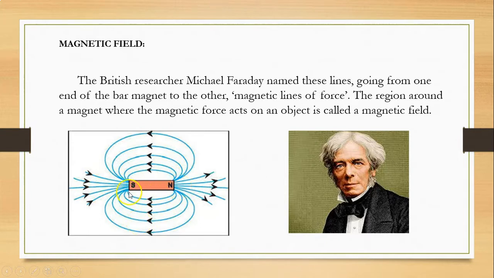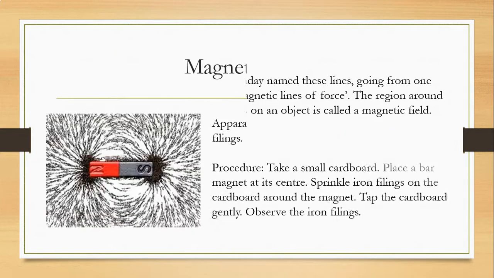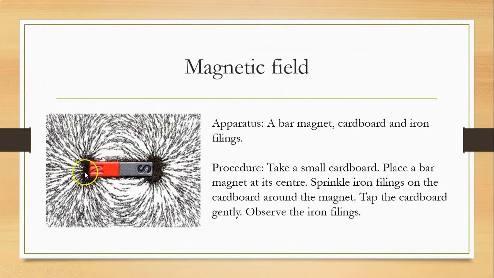If you see, there is a pattern. There are many lines over here and over here. And in between, see this horizontal part? Here, there are not many lines. If we go back to this picture, here more iron filings are attracted, whereas this part, less. Now there is a reason.